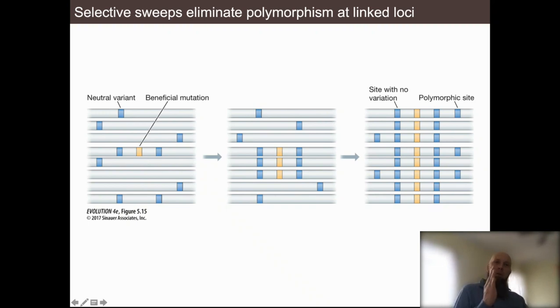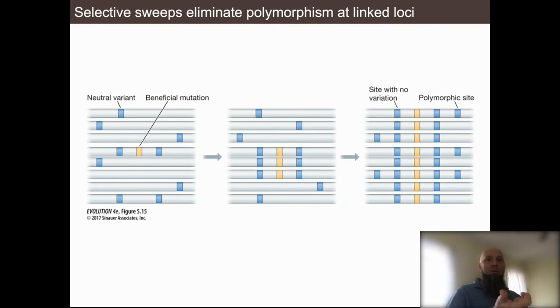That beneficial mutation is physically connected to this blue bar just to the right of it and this blue bar just to the left of it. These mutations or variants, these alleles at different parts of the chromosome, are physically connected. So the chromosome that has this yellow beneficial mutation is going to increase in frequency in the population because it's beneficial.